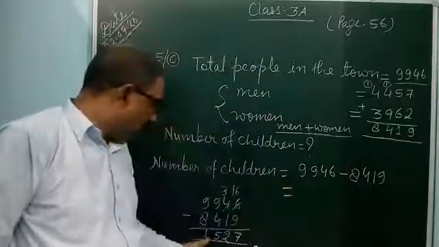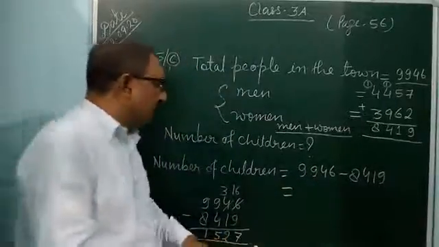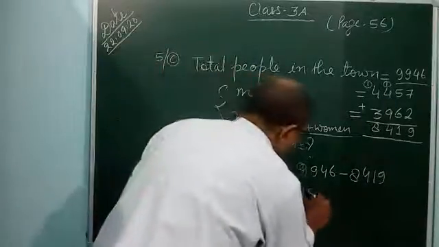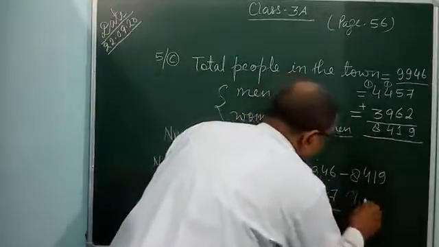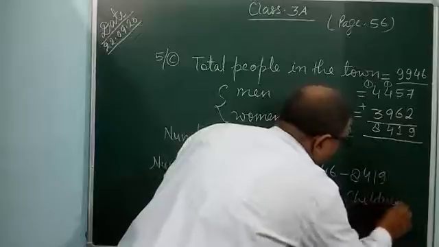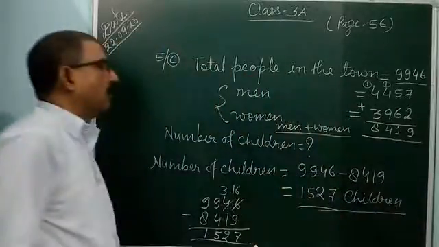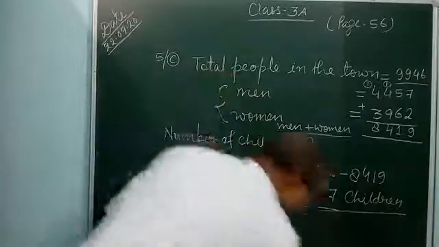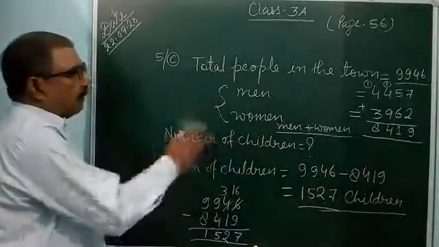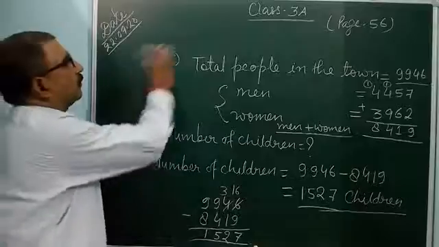So you get 1,527 children. This is the answer. So in this way you can do question number 5C. I hope you have understood this question.